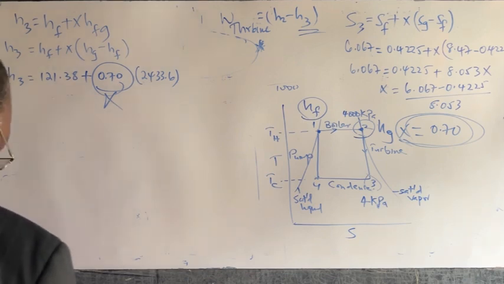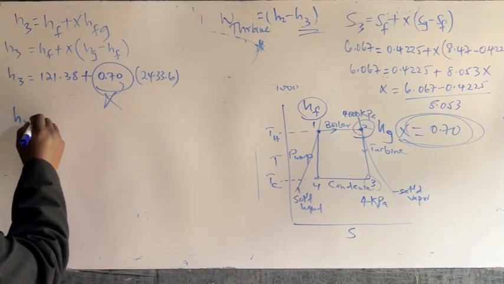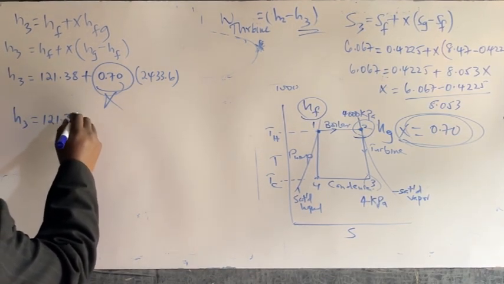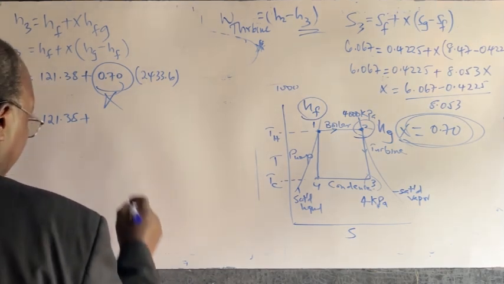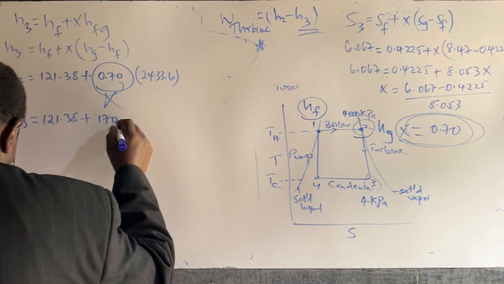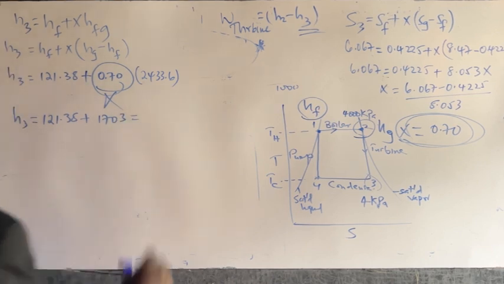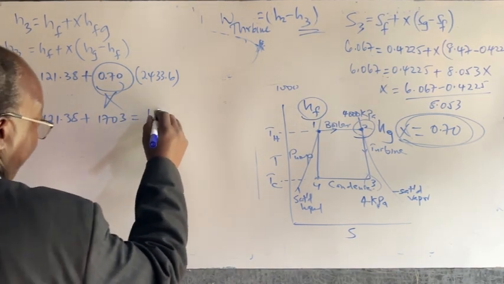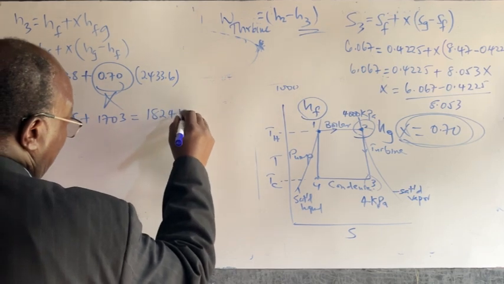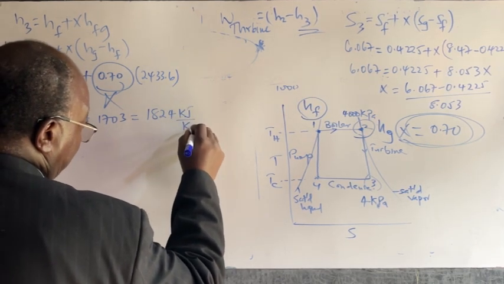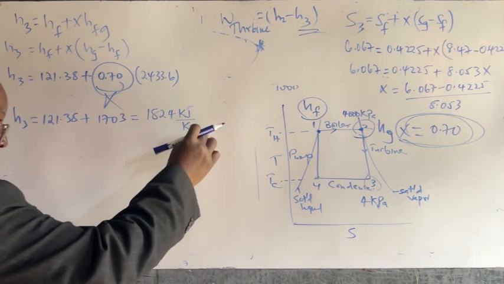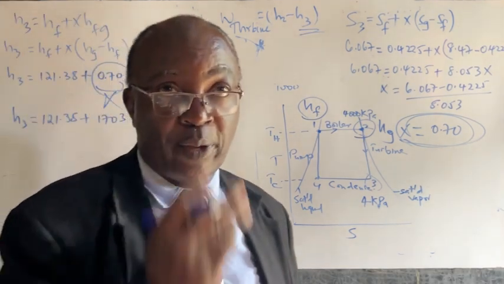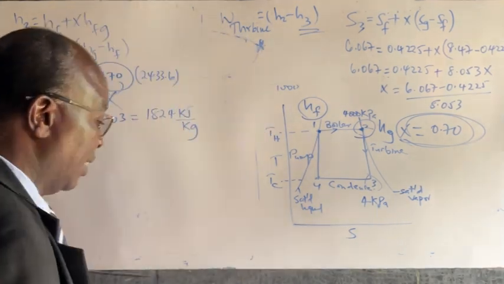That will give us H3 as being equal to 121.38 plus 1708.3, which will be equal now to 1824 kilojoules per kilogram. Remember now, this is enthalpy, so it's not kilojoules per kilogram per Kelvin. No. Make sure that you are very, very conversant with your units.